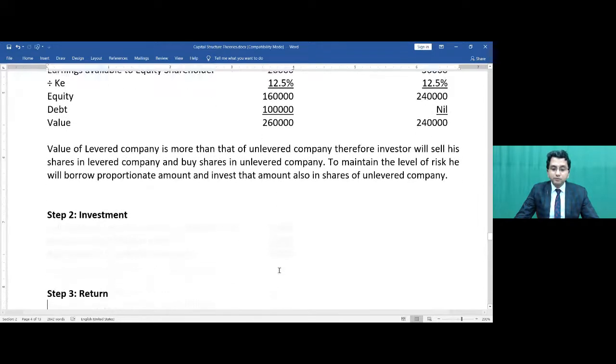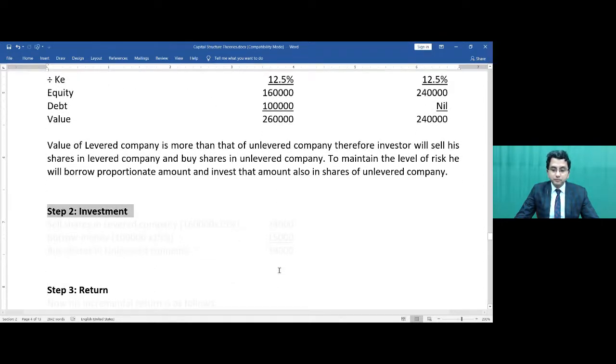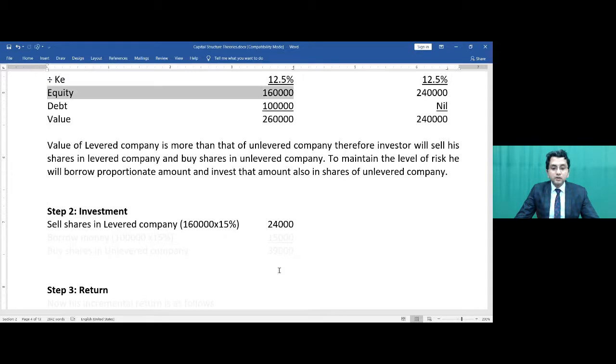Step number 2 now. Investment. Investor will sell his shares in levered firm. So look here, the levered firm, total value of its equity is 1,60,000 rupees. Total, all equity shares.